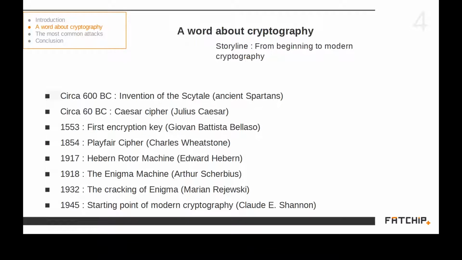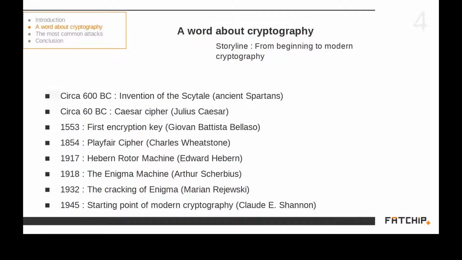So yeah, it's basically the first symmetric key ever. Then in 1854, there is the Playfair cipher from Charles Wheatstone, which was basically still encrypting, but two letters instead of one, which makes the code a bit harder to crack.